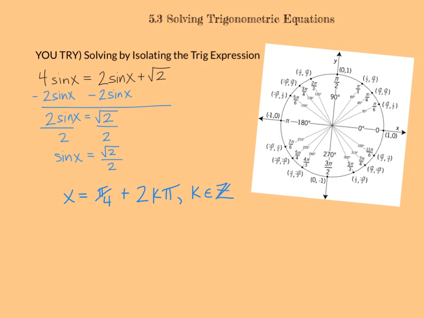Remember that z just means k is an integer, right? A number like -2, -1, 0, 1, 2, 3, and so on. We also want to make sure that we include the 3 pi over 4 option because sine's also root 2 over 2 there. And we do the same thing.